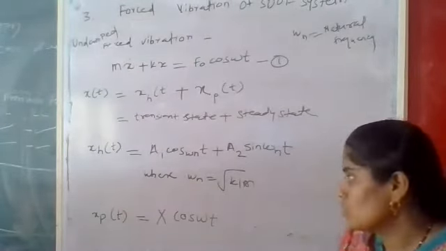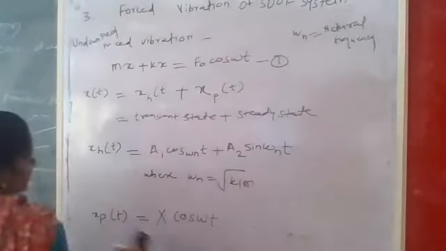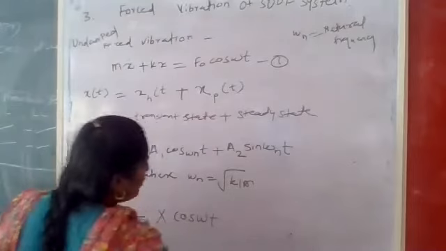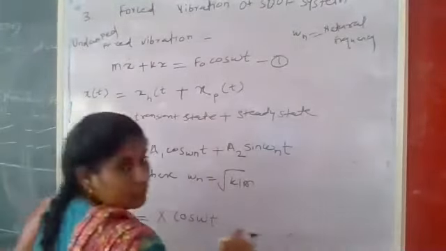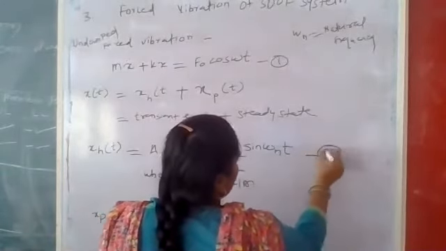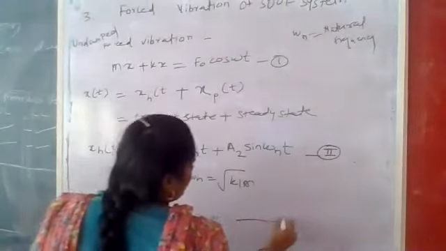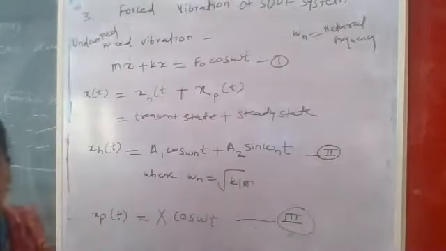Okay, so write down the next point. We already know the condition number 1 for the xh of t, that is for the steady state. You write down this is the equation number 2, and based on this we go for equation number 3. Equation number 1 is our first general equation, m x double dot plus kx equal to f naught cos omega t.